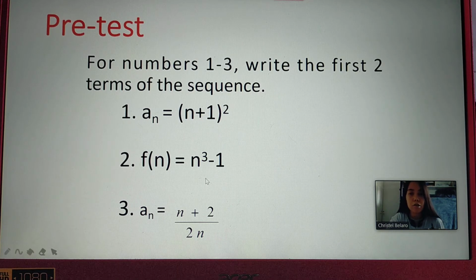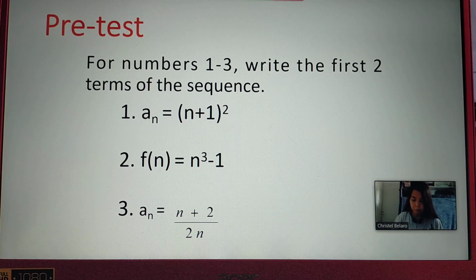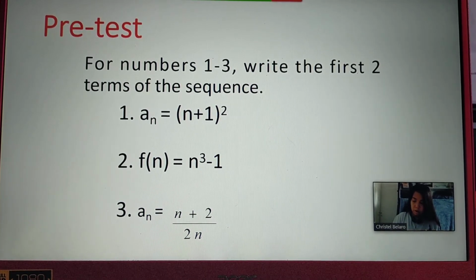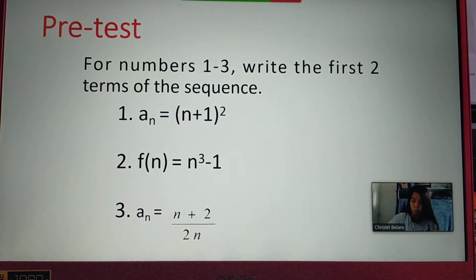Okay, how about the second example? Yes, Laureline, what is your answer? Okay, try to answer number 2, Laureline. Yes, Laureline, what is your answer?